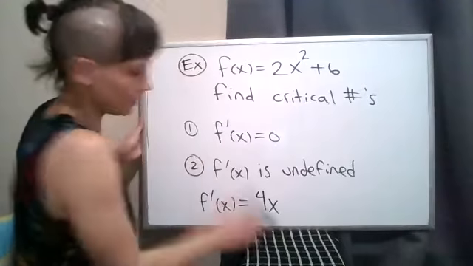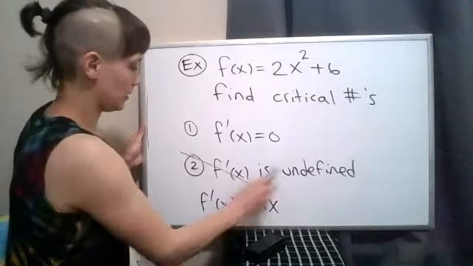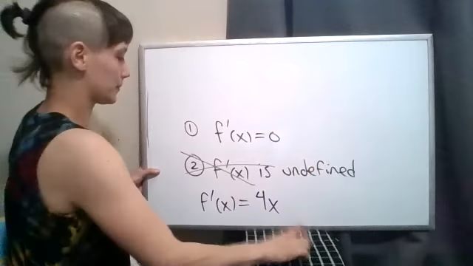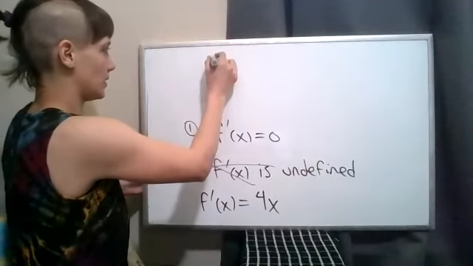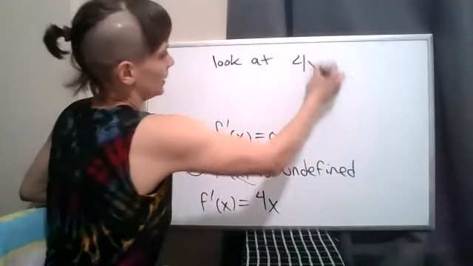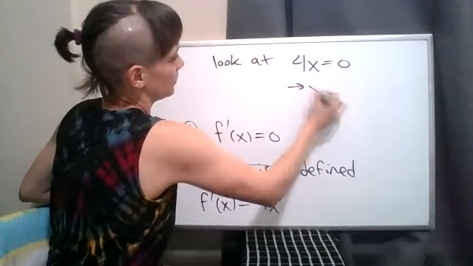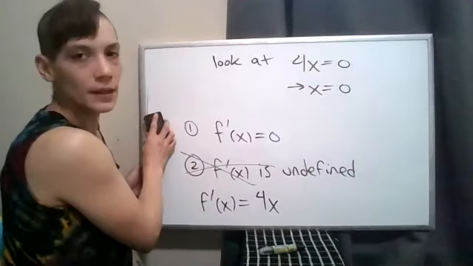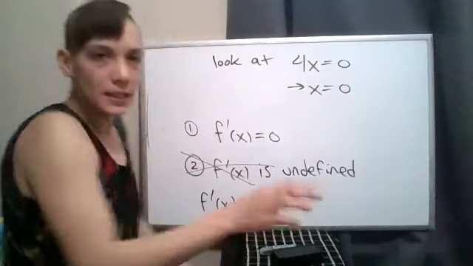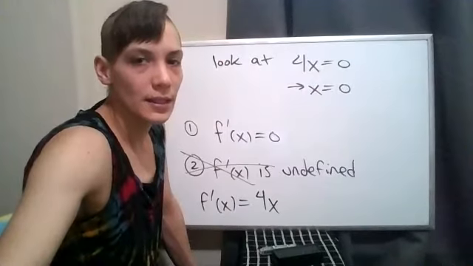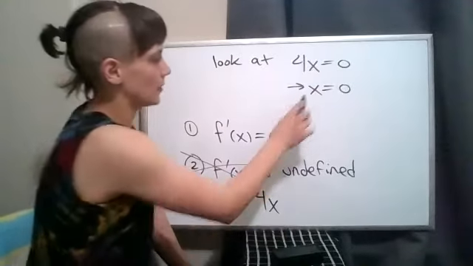So I want 4x equals 0. Then x will be equal to 0. So let's see. Enter your answers. That's it. Just the x value.